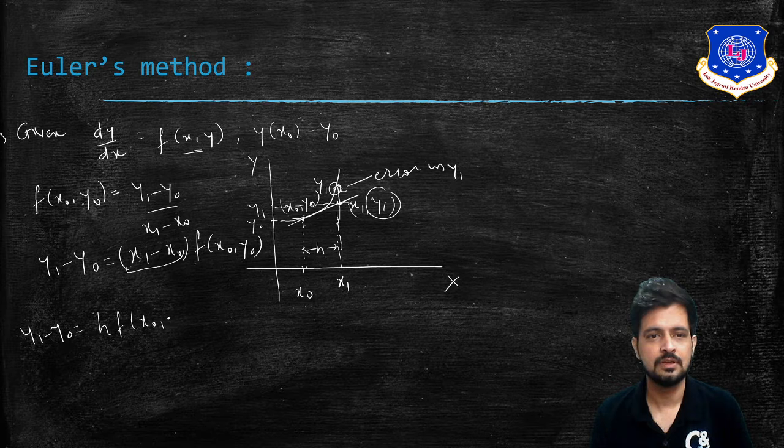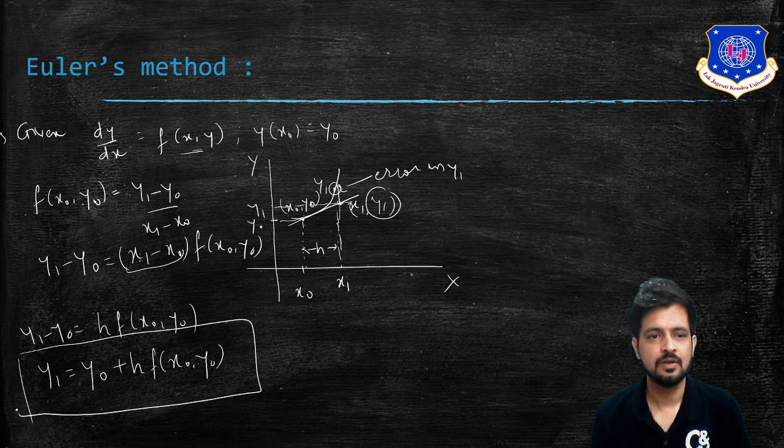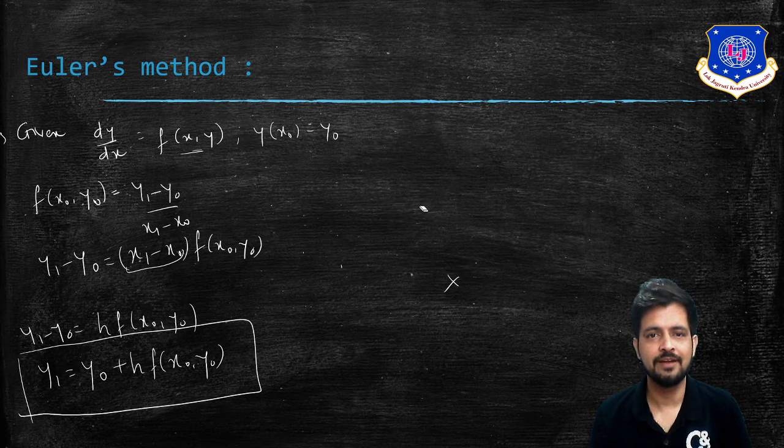So y1 minus y0 equals h into f of x0 y0. So y1, according to Euler's method, will be y0 plus h into f of x0 y0. This is the formula to find y1 with the help of Euler's method.